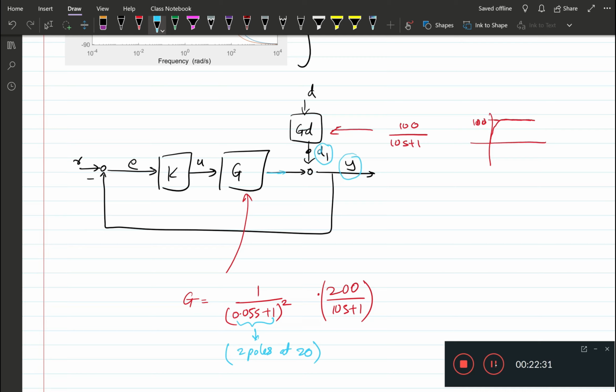And because we have a third order plant with the pole at 20 here, the controller must act extremely quickly in order to raise this output of G to cancel the D1. Now on the other hand, if we have a step at R, the controller instantaneously sees an error of 1.